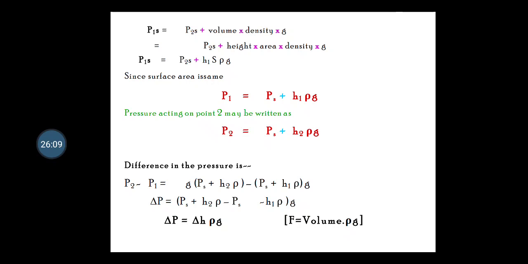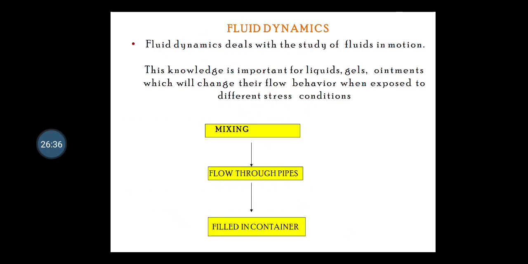The very first application is that the pressure difference, delta P, is measured in terms of the difference in heights of the liquid column. It is also applied for the quantification of fluid flow as in Bernoulli's theorem. Bernoulli's theorem will be covered in upcoming slides. Next is fluid dynamics.